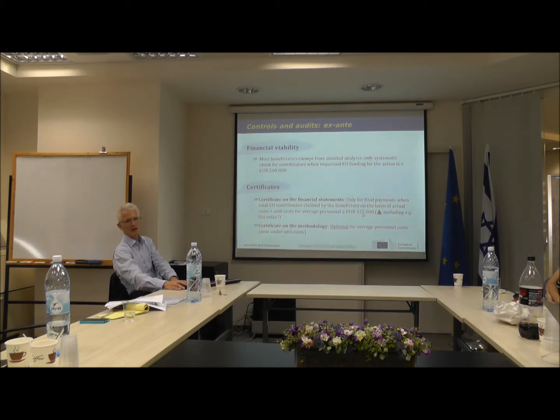So the indirect costs are even excluded from this 325,000. And then there is the option to ask for an ex-ante certificate on your methodology for average personnel costs if you use this. You don't have to, you can ask.